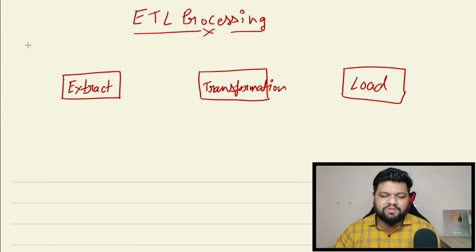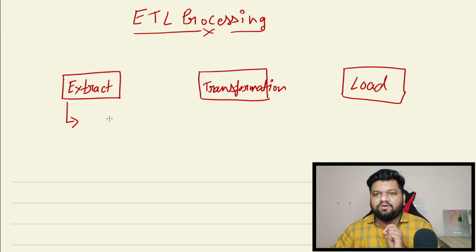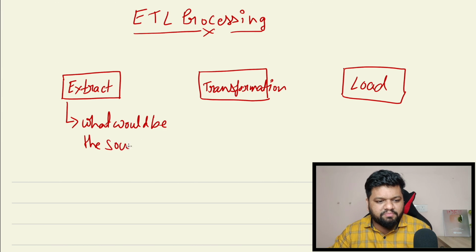So when it comes to batch data processing, in the data extraction part, the thing you need to focus on is: what would be the source? In this case, our sources can be multiple.